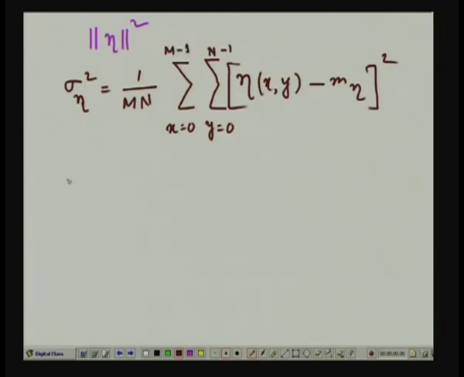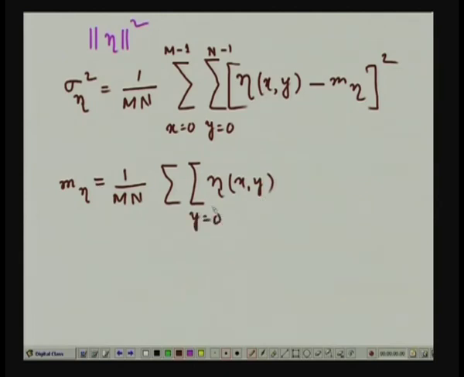And the noise mean, that is m eta, is given by the expression 1 upon capital M into capital N, then the double summation of eta x y, where again y varies from 0 to capital N minus 1 and x varies from 0 to capital M minus 1.